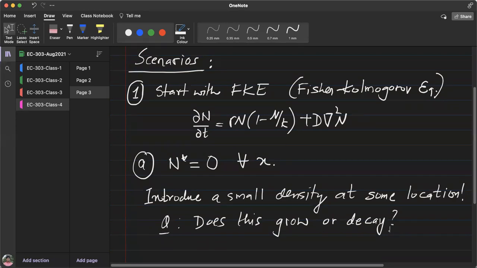Another scenario could be that an invasive species has landed in a new landscape. Because it has landed in the new landscape, it has no natural predators and no natural competition, so it has a massive advantage, which means R is positive, and it has some K. It has just been introduced in some location. Now how does it spread?